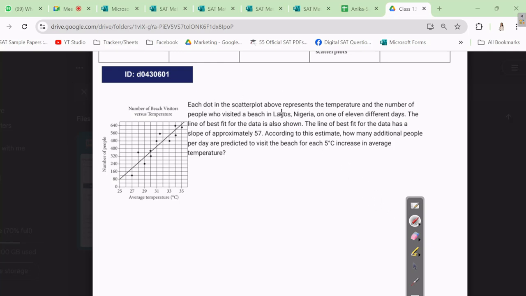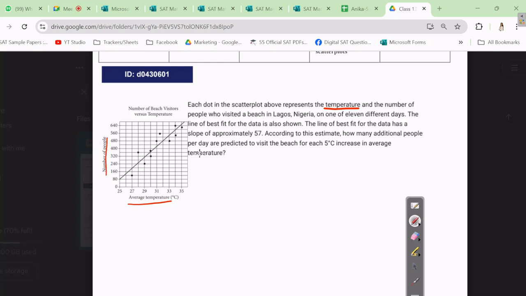Each dot in the scatter plot above represents the temperature and the number of people who visited a beach. So the x values represent the temperature and the y values represent the number of people.